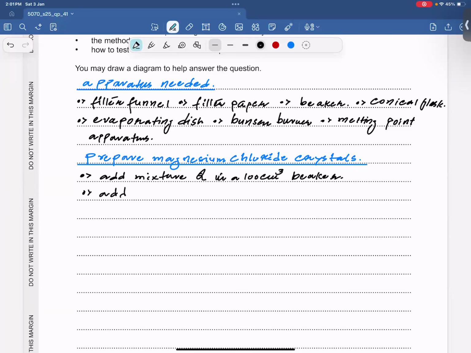Add an excess amount of hydrochloric acid into the beaker.